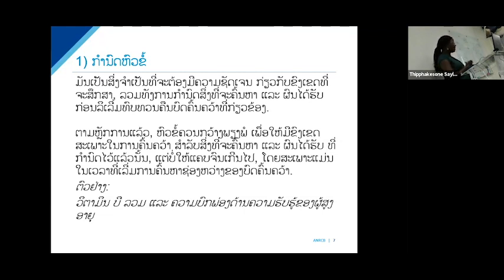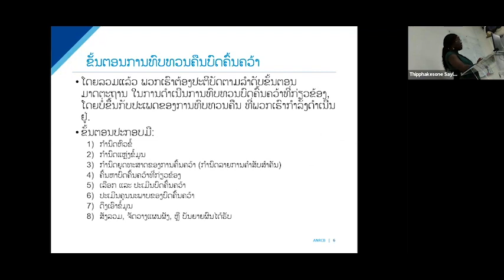And also, how do you assess the quality of the literature? Another step is extracting the data and then putting it all together. So those are some of the steps.